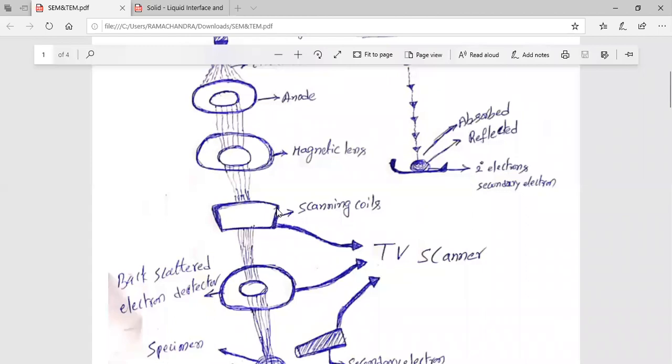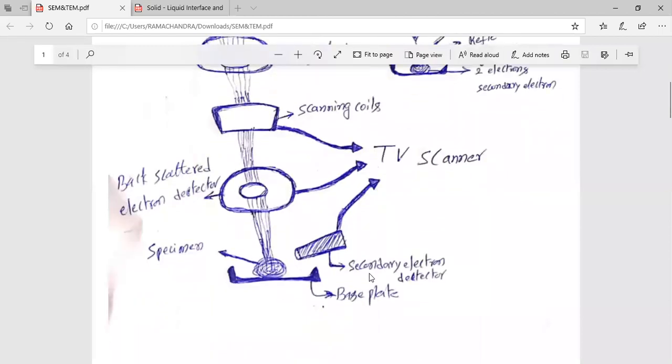Here we have the scanning coils, the backscattered electron detector, and the secondary electron detectors. We use these detectors to detect the image when the electrons pass through and reach the specimen.